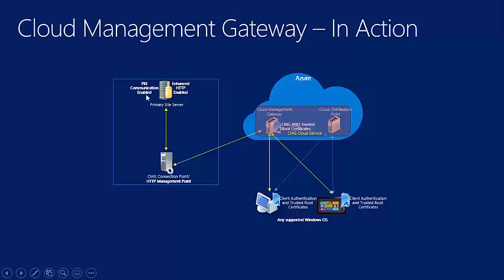Here we have PKI communication that's now enabled at the site. Enhanced HTTP is also still enabled at the site. We have our management point that is still configured to use just port 80 HTTP traffic, right? And in terms of Azure, we are not Azure AD joining our machines. These are just any flavor of supported OS that you would like. Each one will have a client authentication cert.